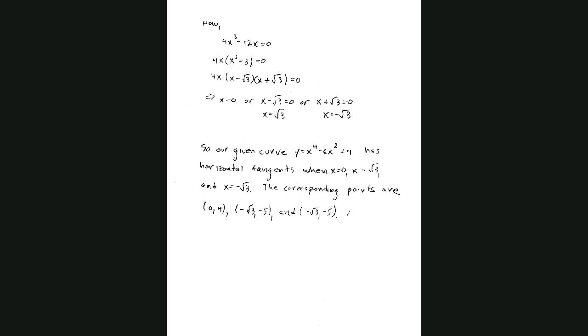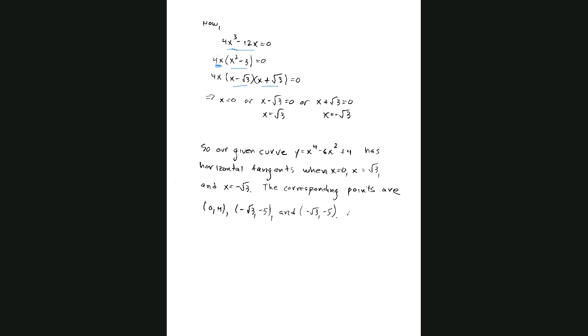We want to factor the left-hand side. So 4x is the least common denominator. And then you have 4x times x squared minus 3. And x squared minus 3 factors into x minus root 3, x plus root 3, giving us our 3 x values.